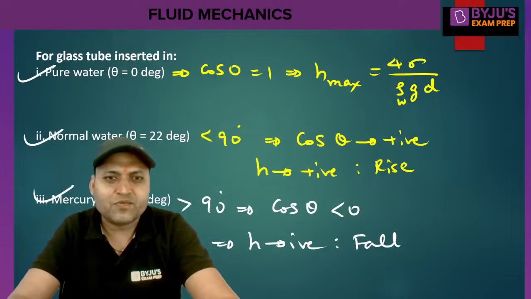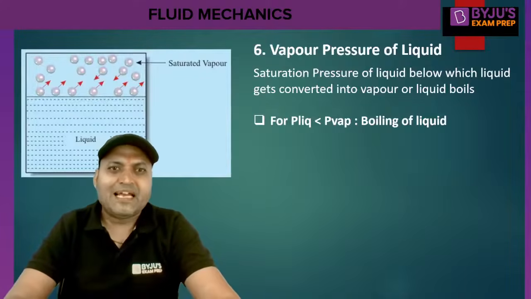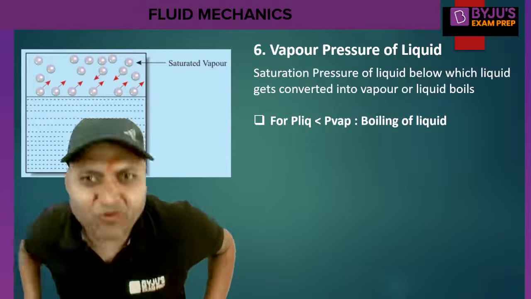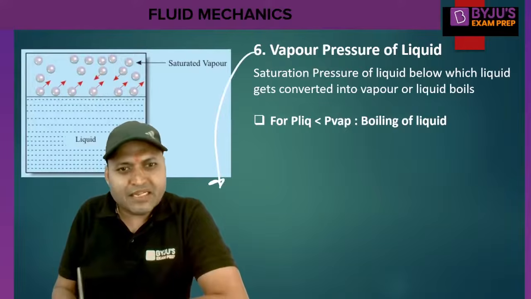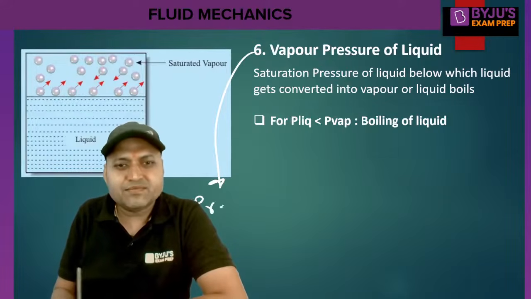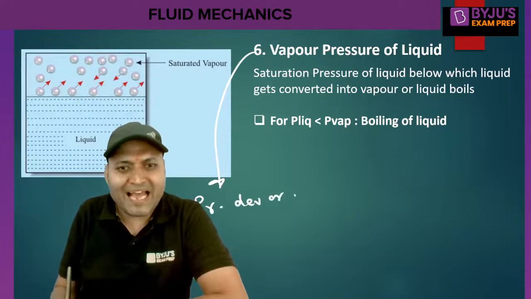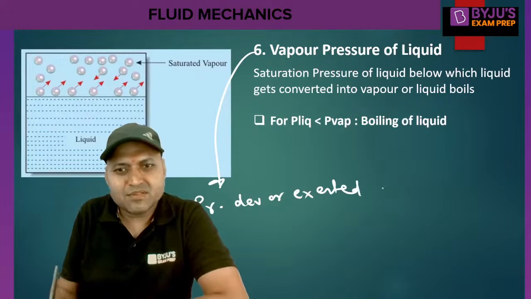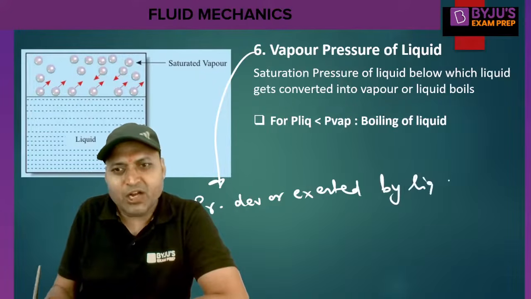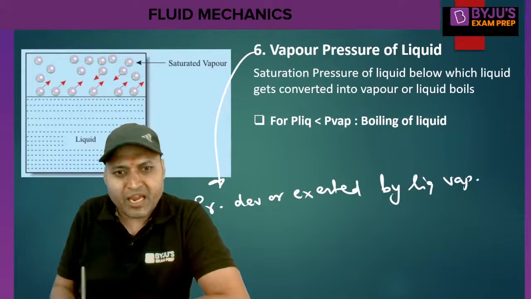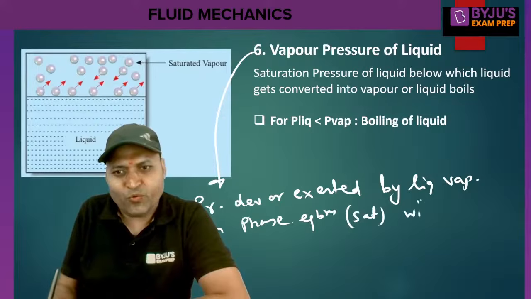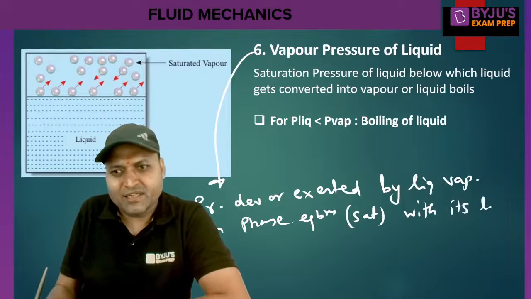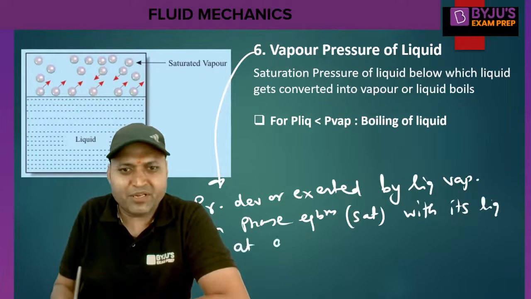The last property is vapor pressure of the liquid. What is vapor pressure of the liquid? The pressure developed or exerted by liquid vapor in phase equilibrium or saturation with its liquid at a given temperature.